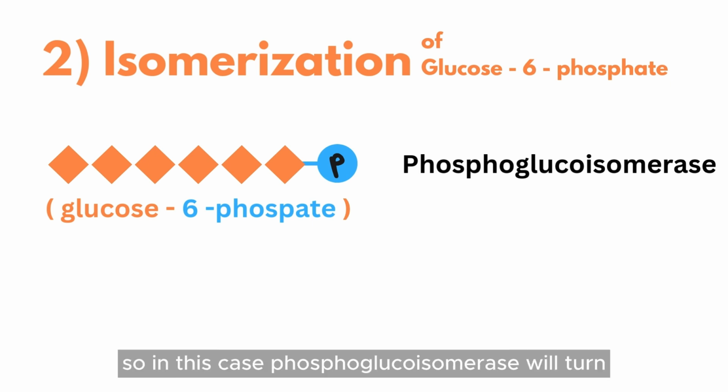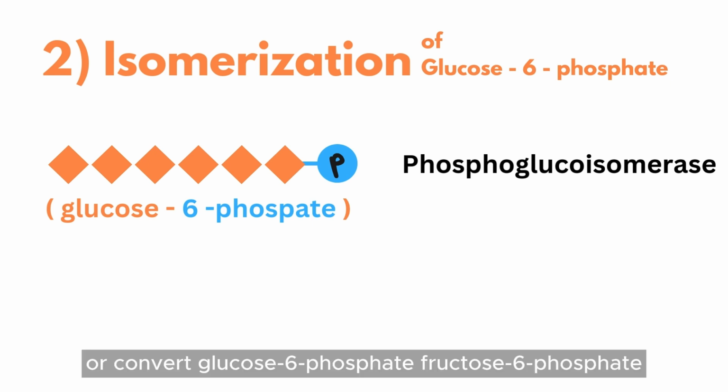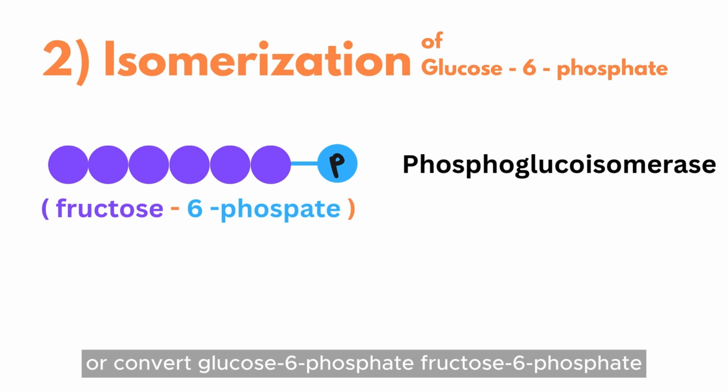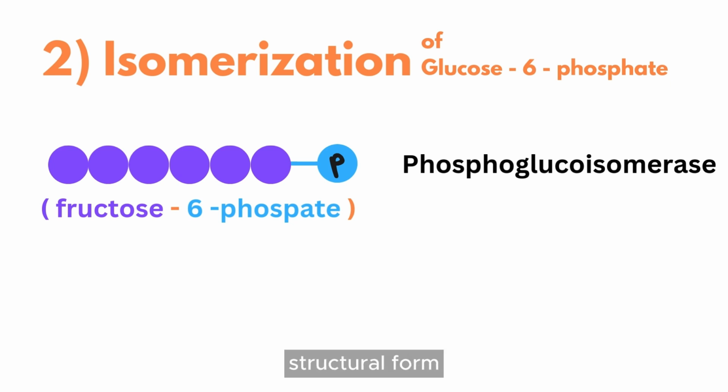So in this case, phosphoglucoisomerase will convert glucose 6-phosphate into fructose 6-phosphate. It is still the same chemical formula, but now in a different structural form.